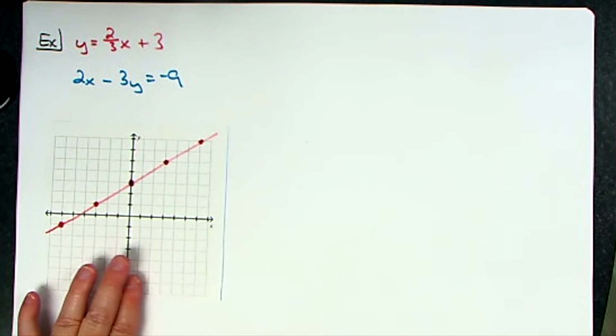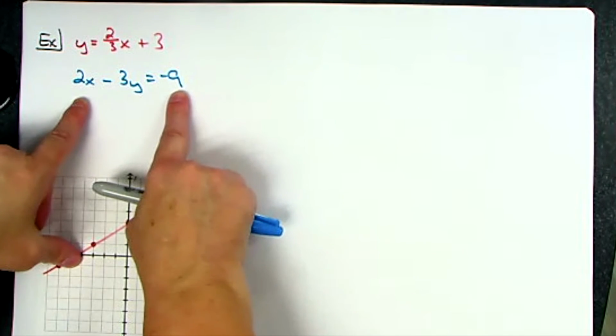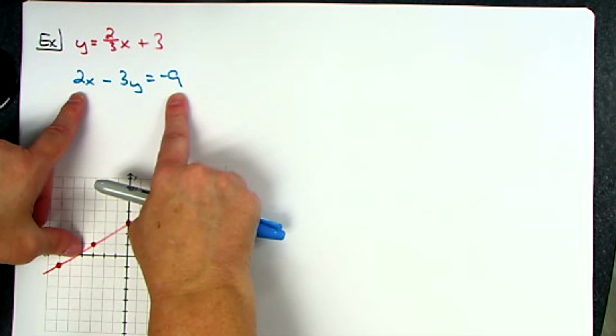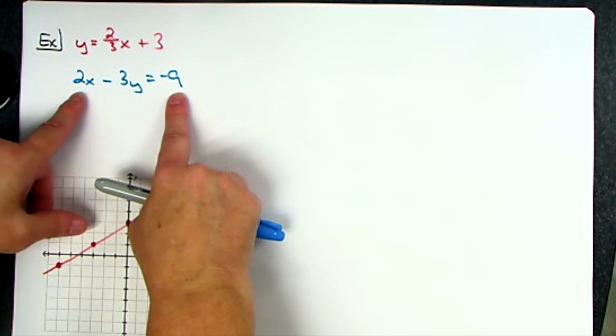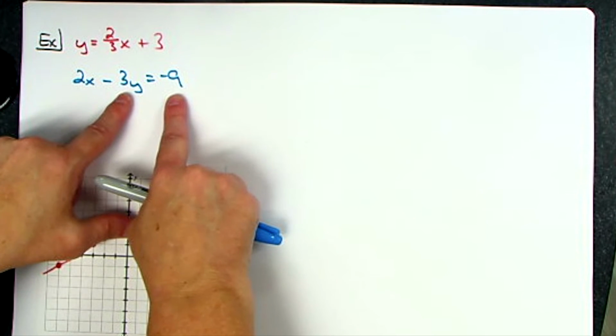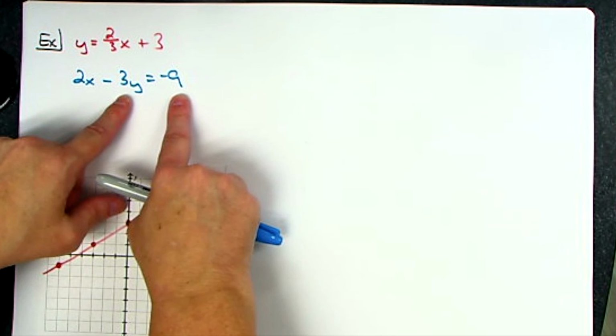All right, now for the other one, I always do x-intercept and y-intercept, okay? However, if I do -9 over 2 for an x-intercept, I get -4.5, which I could do that for an x and y-intercept, okay? But it doesn't come out even. If I do my y-intercept, I get a -9 divided by a -3, which is a +3, okay?